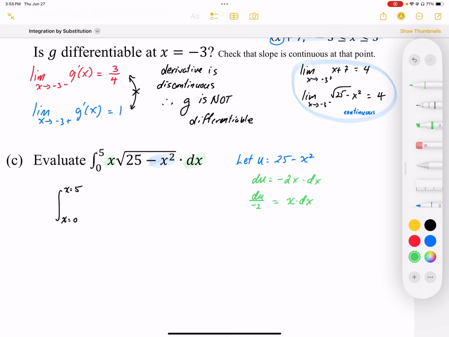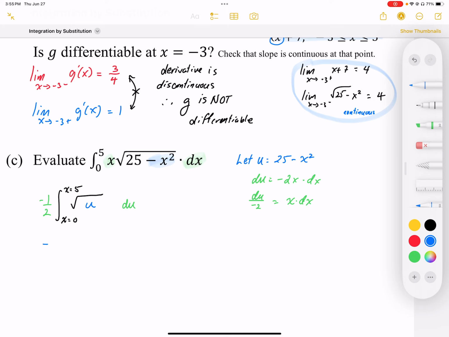And we're going to replace the x dx with a negative 1/2 du. And inside the square root, we're going to put in our u. Okay, and this is why we need the x equals 0 and x equals 5, because our variables are in terms of u, but our bounds are now in terms of x.